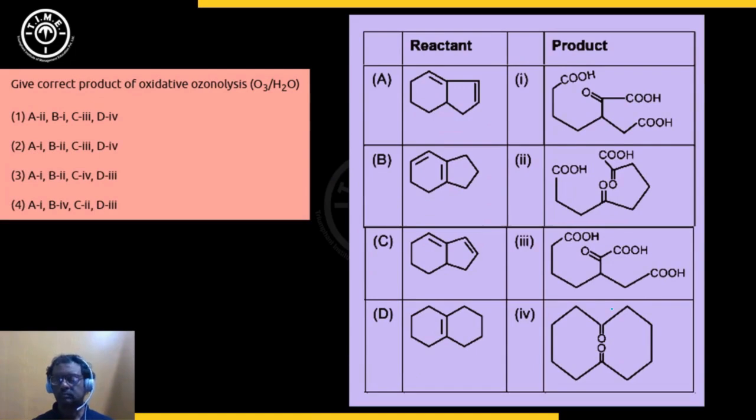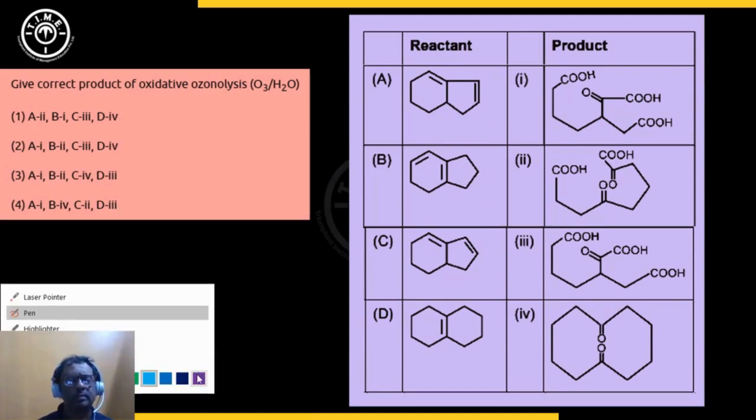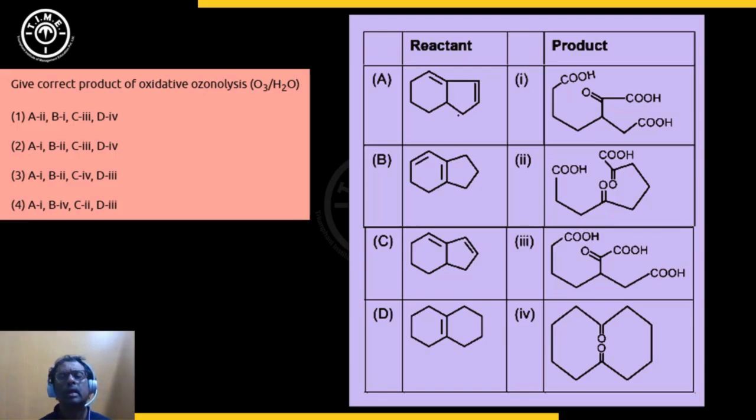Now, look at this. You simply have to, this is oxidative ozonolysis. So first make a product out of reductive ozonolysis. Attach one O, attach one O here. This is a ketone.